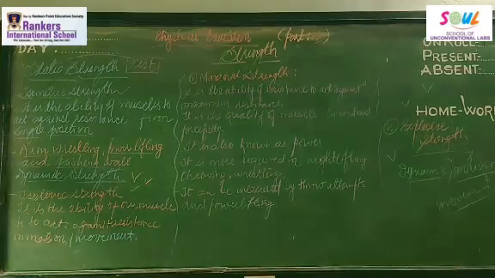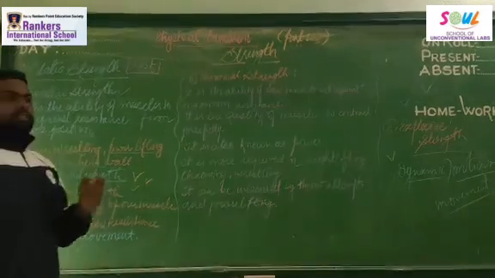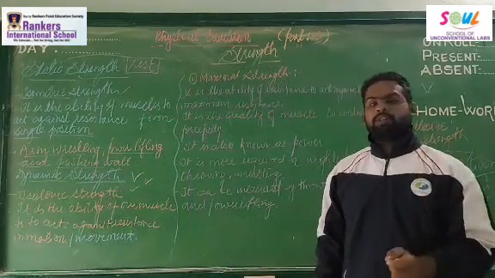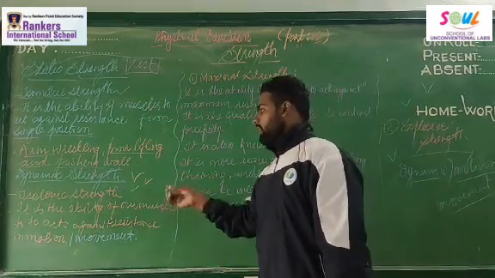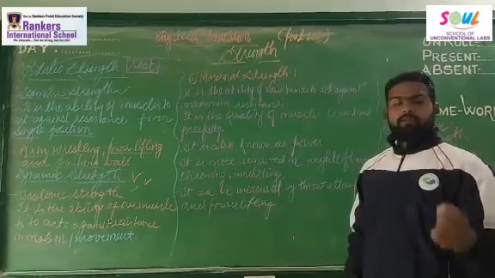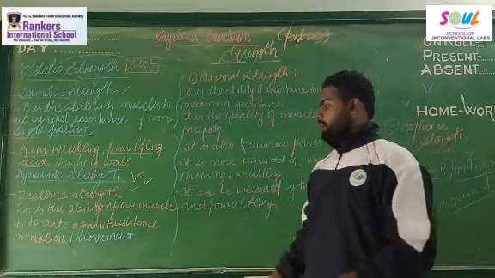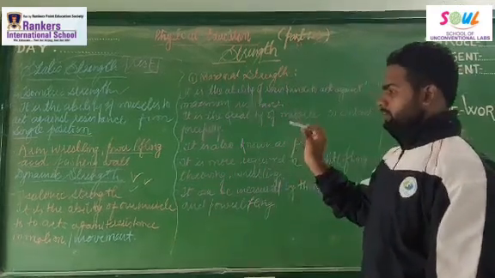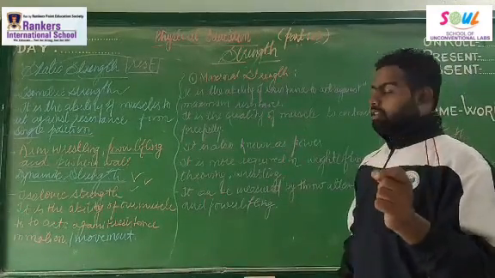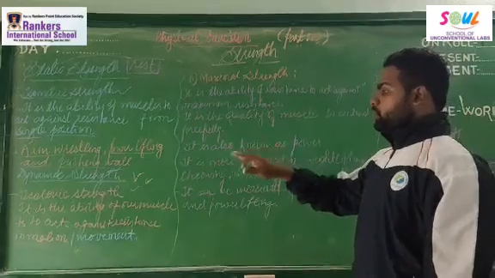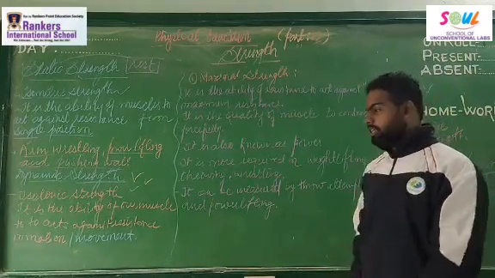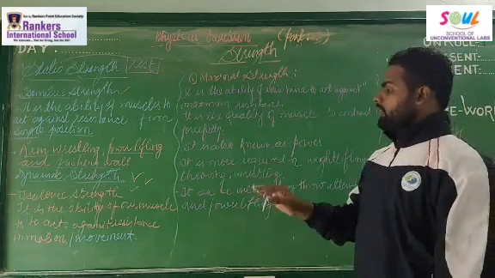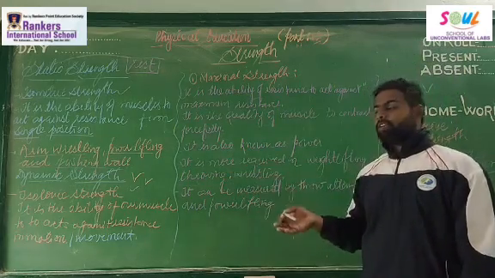What is dynamic strength? Dynamic means things which are in motion. Strength means the ability to overcome resistance. So whenever the body is in motion and exerts some force from a moving position, that's called dynamic strength. It is also called isotonic strength, the ability of our muscles to act against resistance in motion or any movement.